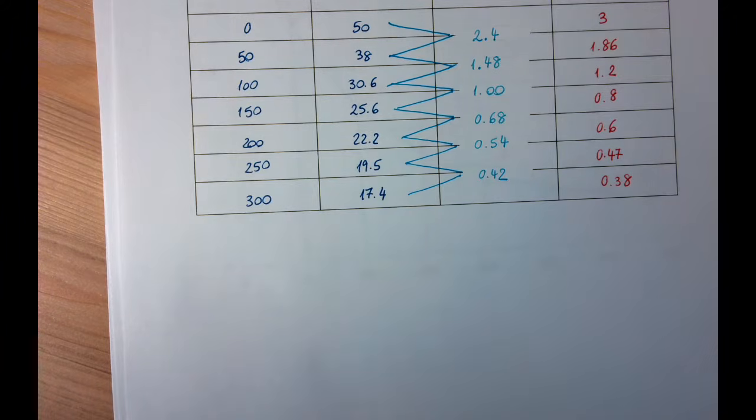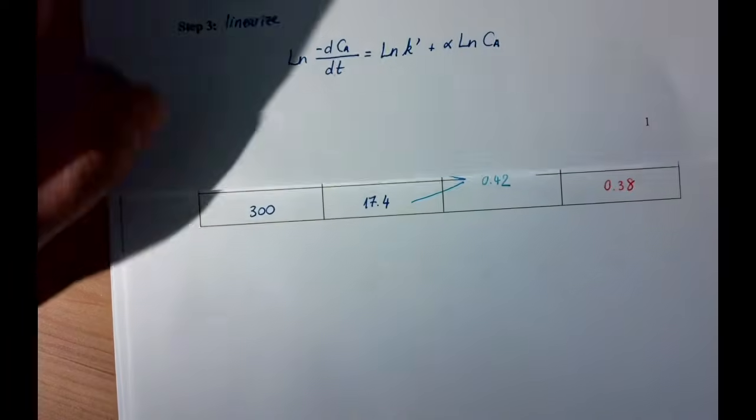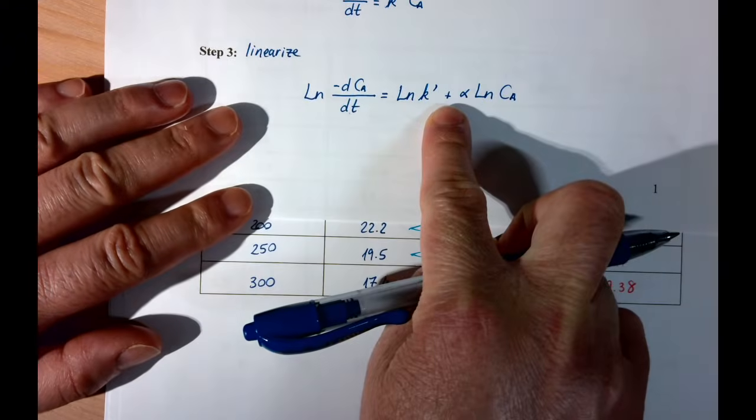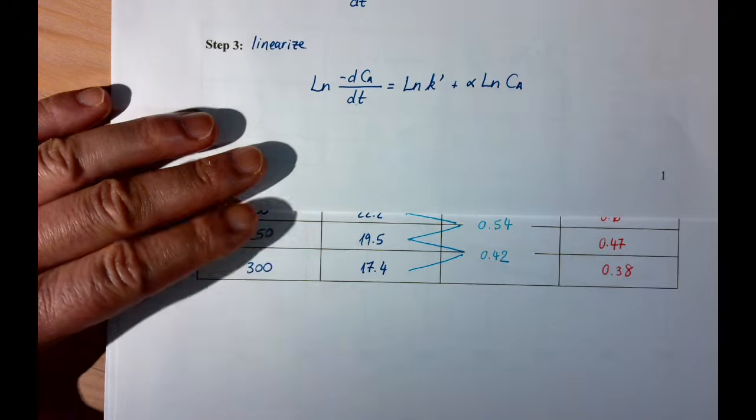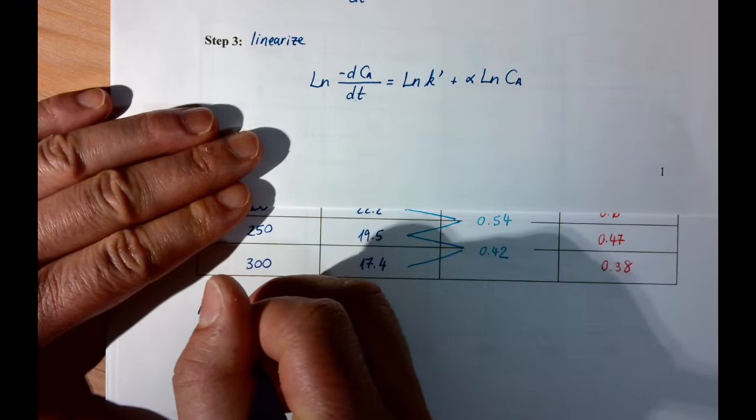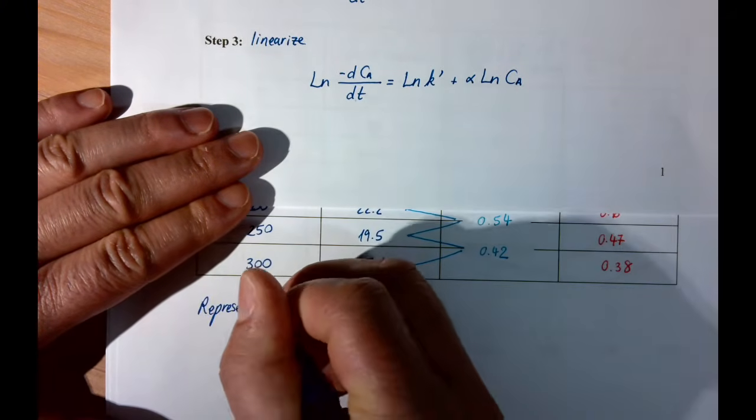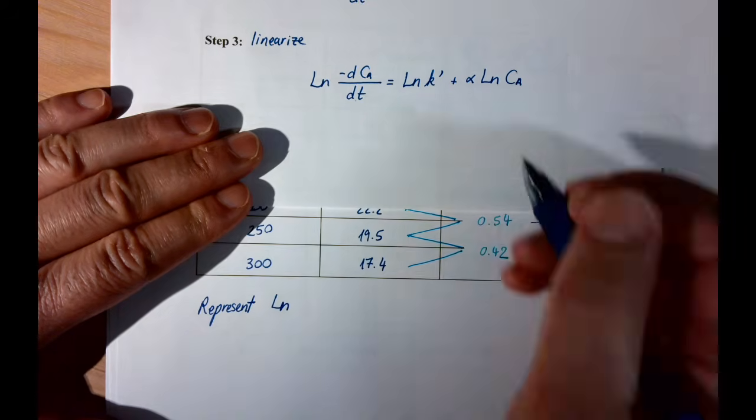All right, now I can try to use these data points to represent natural log of CA.